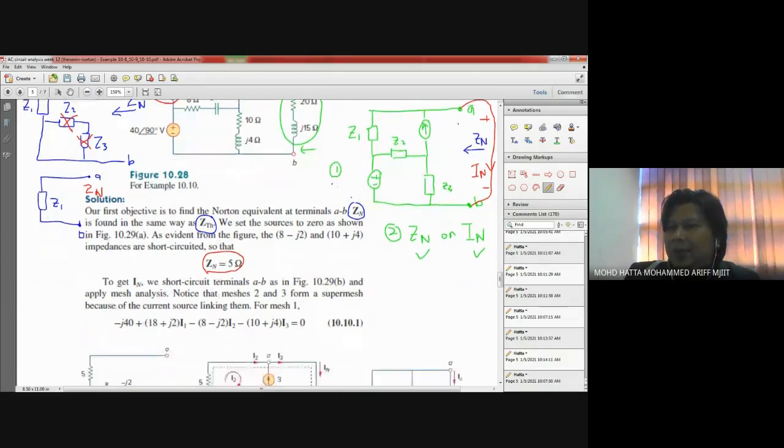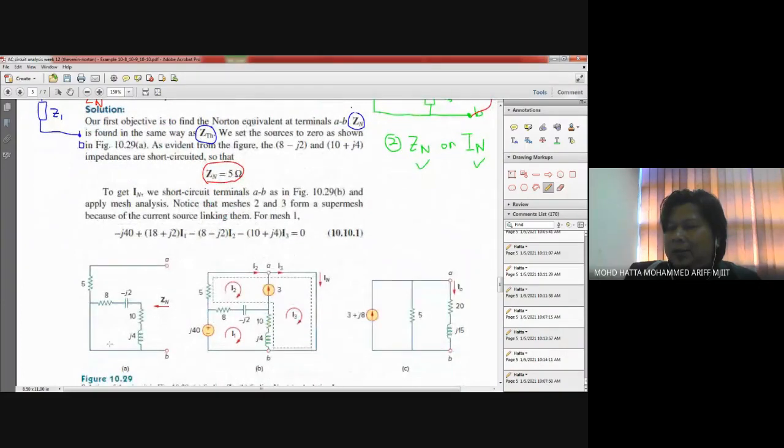So if you look at the solution over here, this is for Zn as I mentioned earlier. So this part has been short circuited. So we try to find the current over here, and the best way, according to this solution, is by using mesh analysis. But basically, you can also use the superposition theorem to get the current over here.